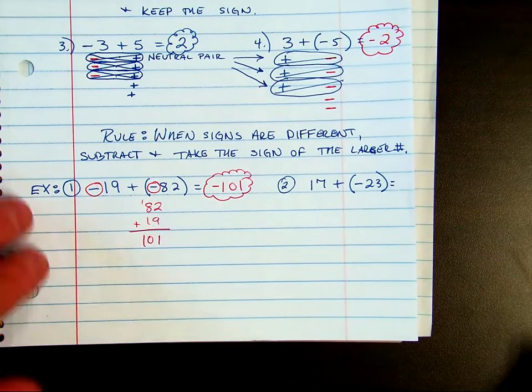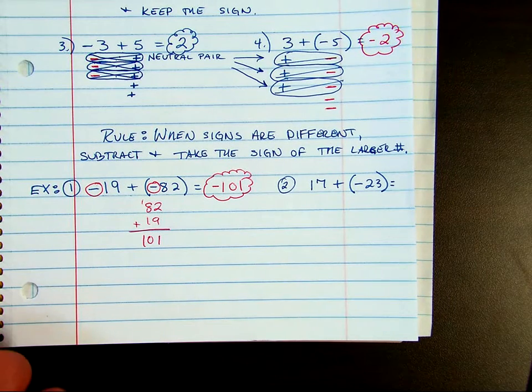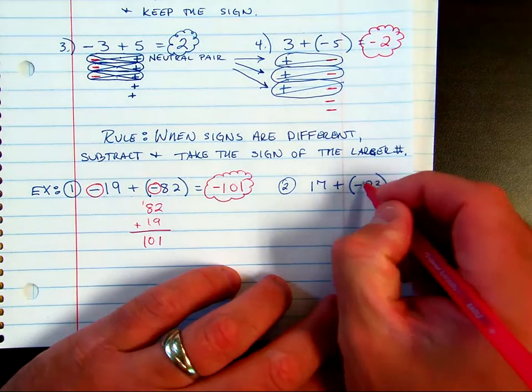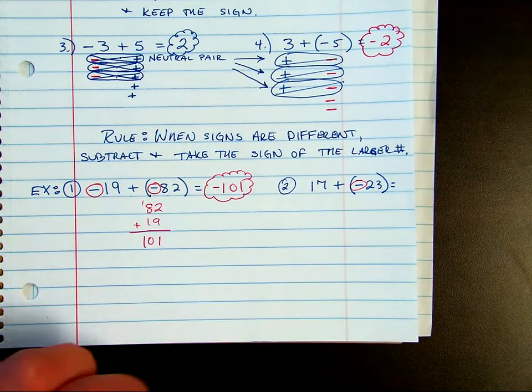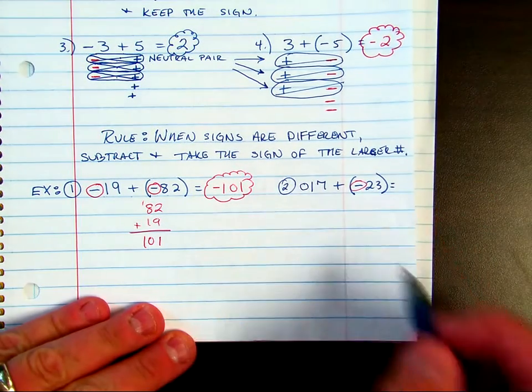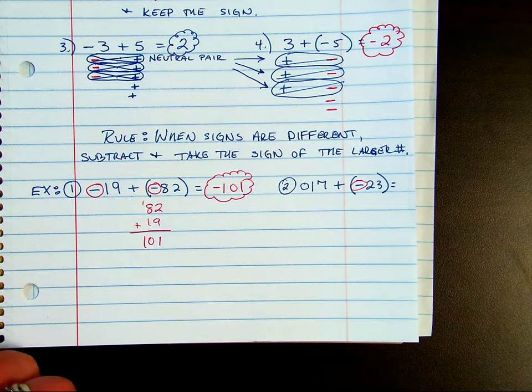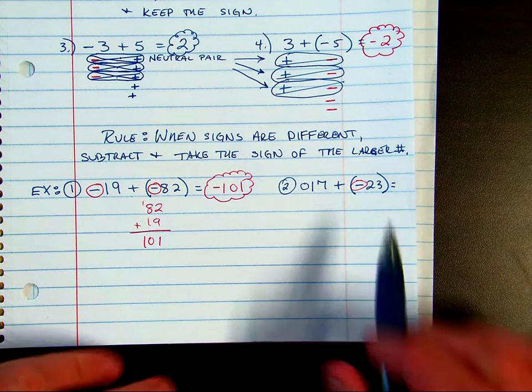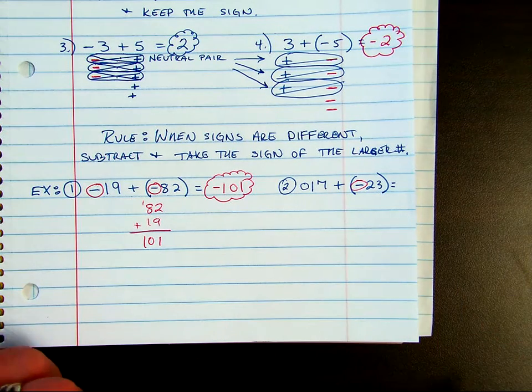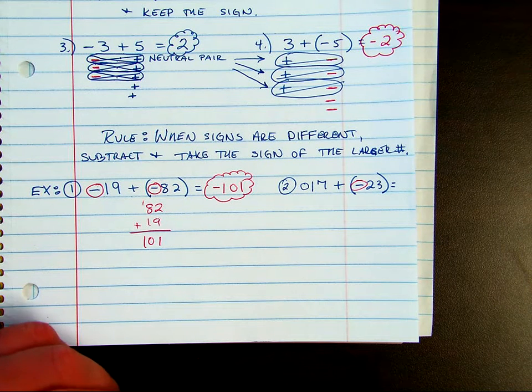Looking at example 2, I have 23 negatives and I have 17 positives. This is an addition problem, but are we going to add them together? And the answer is no. And why are we not going to add these integers together, Corey? Because it's a negative and positive.